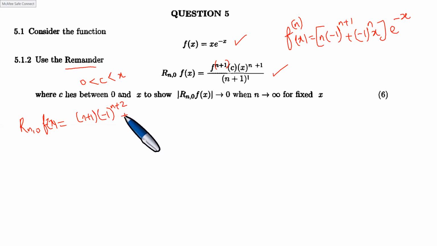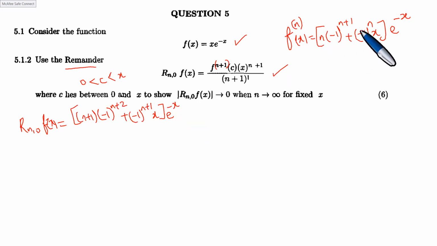So you have n plus 1, then you have n plus 2, plus minus 1 to the n plus 1 x. Okay, so continue. I've just replaced n by n plus 1 there. I'm going to close here because there are square parentheses, and then you have the e to the minus x.